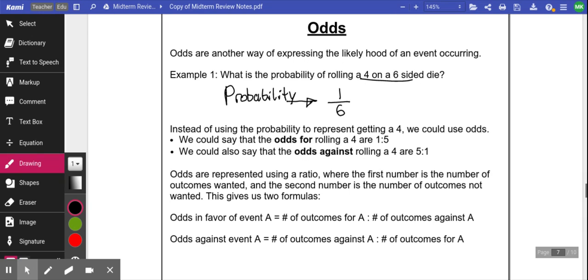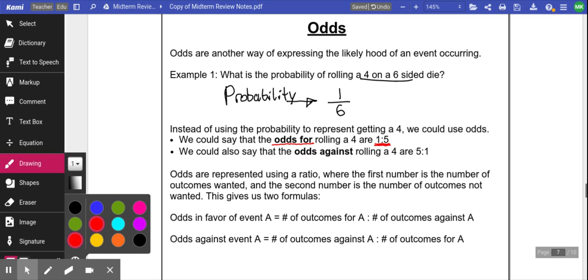If I wanted to do the odds for rolling a 4, the odds for are 1 to 5. And what that 1 to 5 is telling us is that there's one thing we want versus 5 things we don't want.